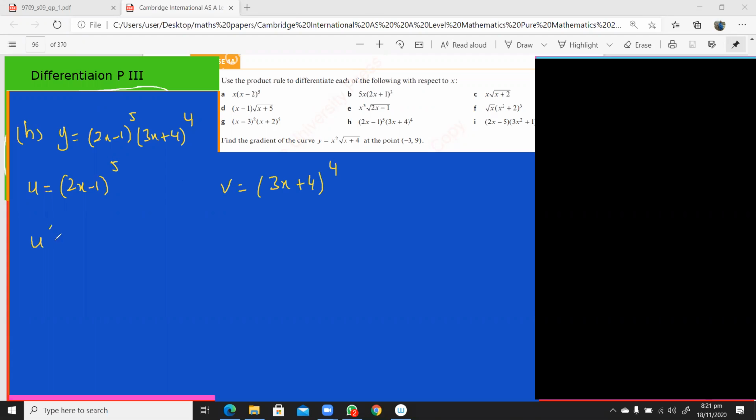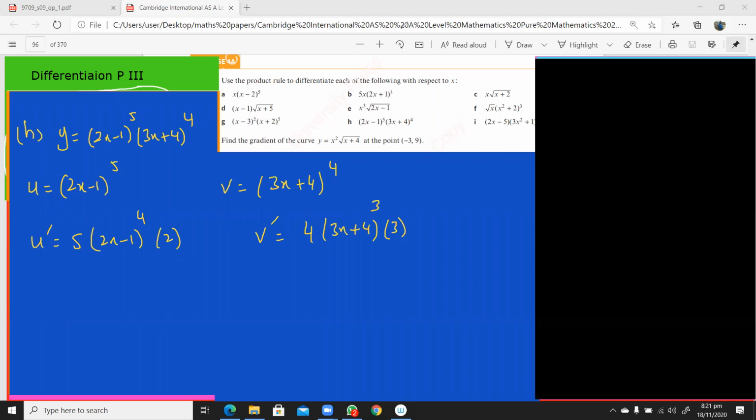Now this u dash is going to be 5 into 2x minus 1 raised to power 4 times 2, okay? And then this v dash would be 4 into 3x plus 4 raised to power 3 times 3.